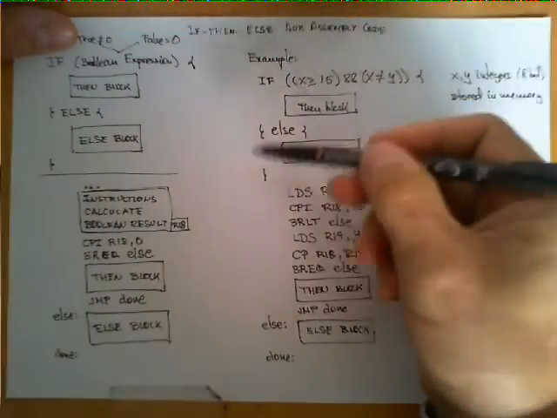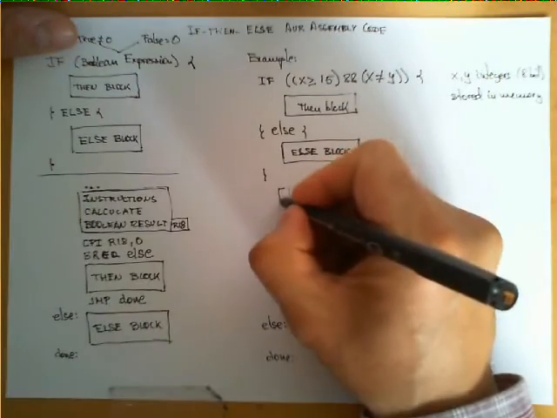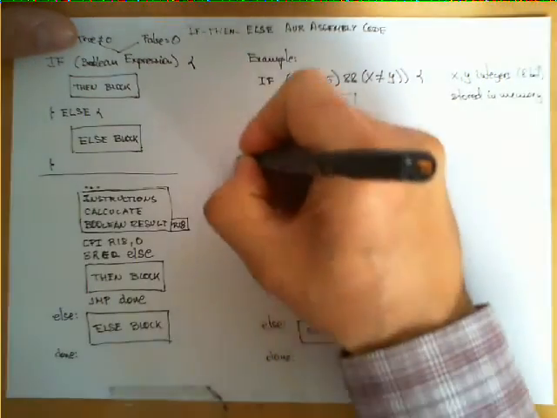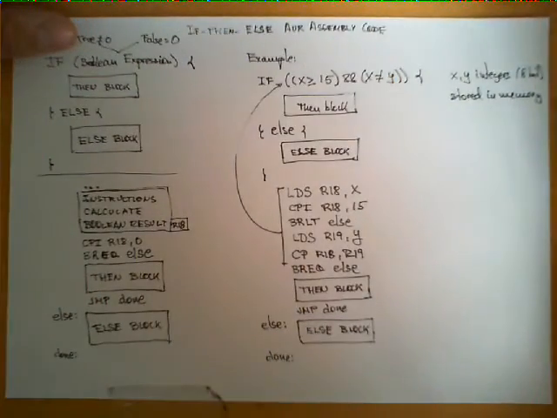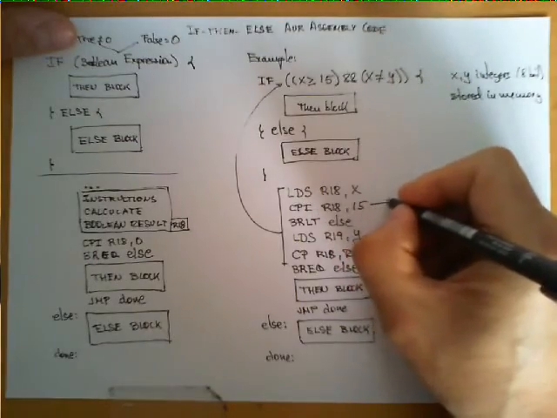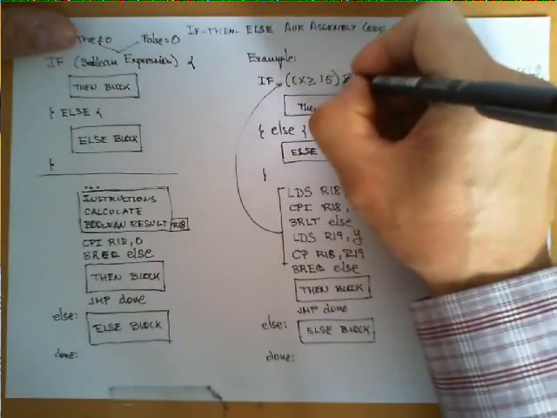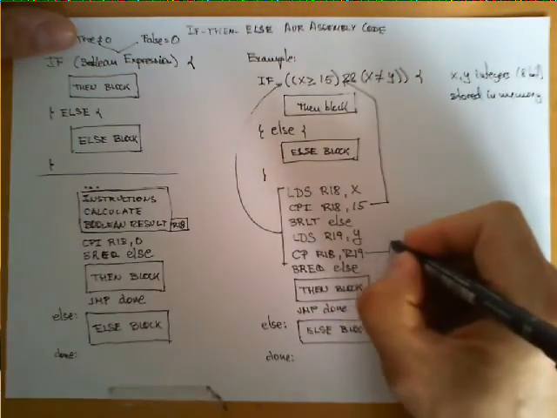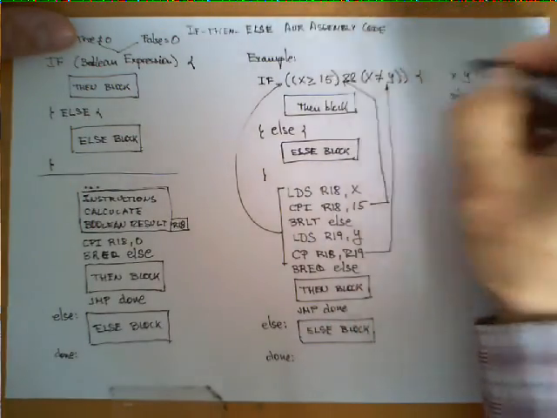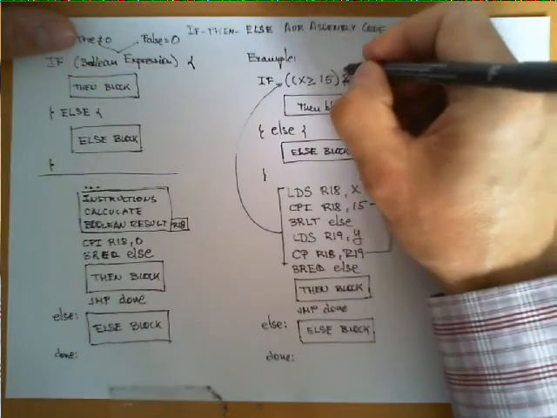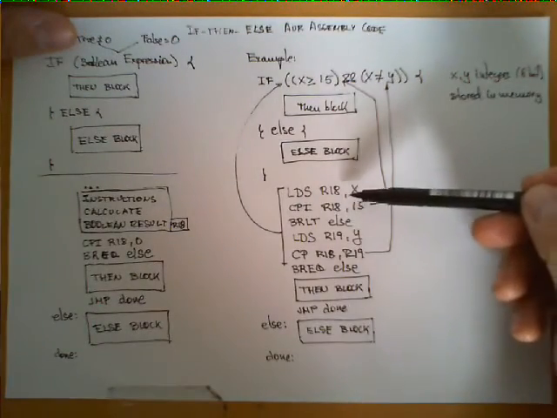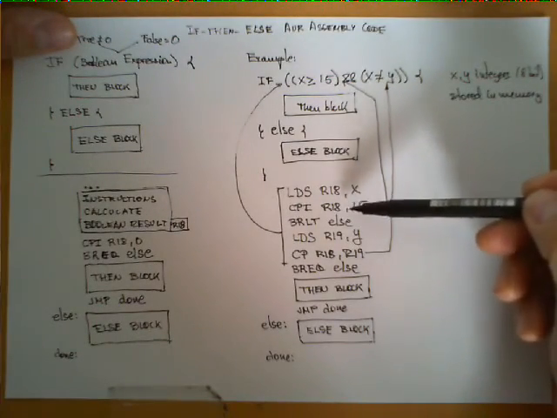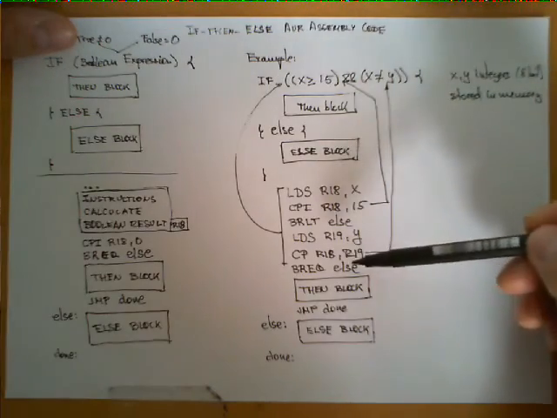So again, what we have implemented here is these instructions are basically calculating the value of the expression. When I'm comparing R18 with 15, I am basically evaluating this sub-expression. When I'm comparing R18 and R19, I'm basically evaluating this sub-expression. The fact that it's a conjunction here allows me to sequence these instructions specifically this way.